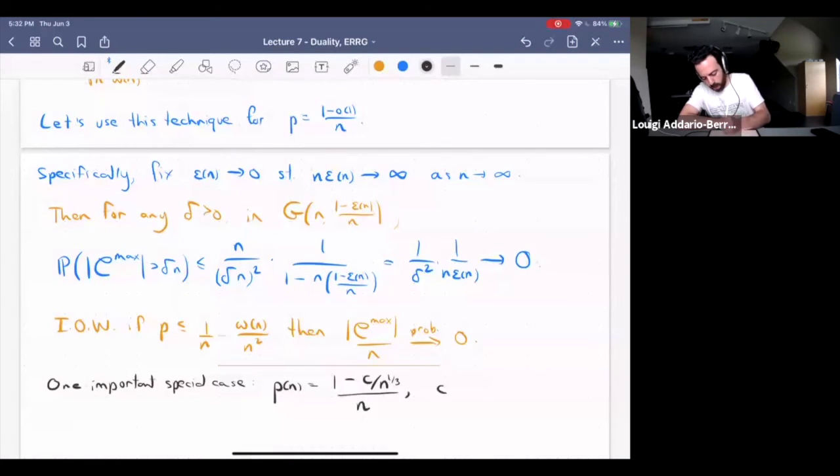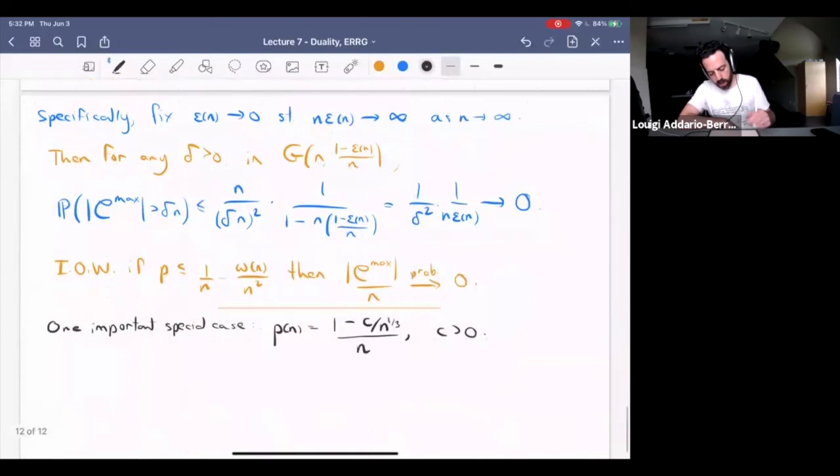Here c is positive. So it's an epsilon_n, but a particular choice of epsilon_n. Then in that case, 1 minus pn is c over n to the third.